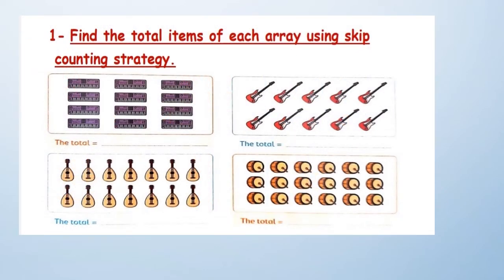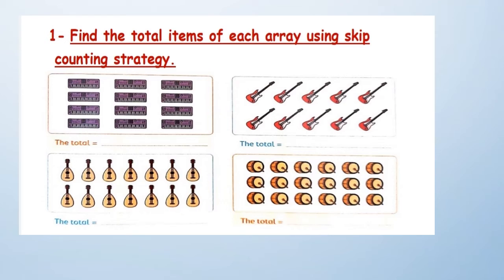Find the total items of each array using the skip counting strategy. How to count the number of items in each array. For the first array, I can use the rows or the columns to skip count to find the total items.